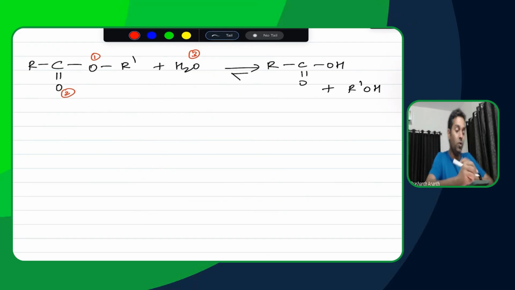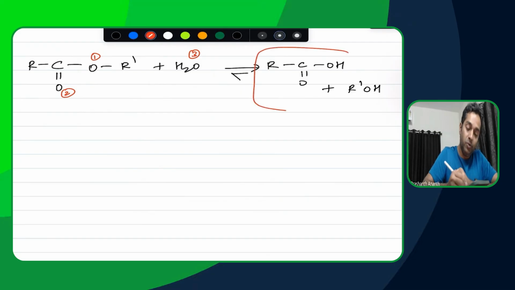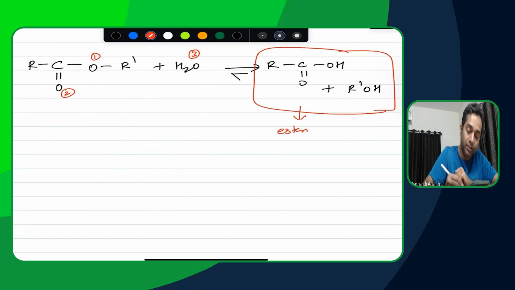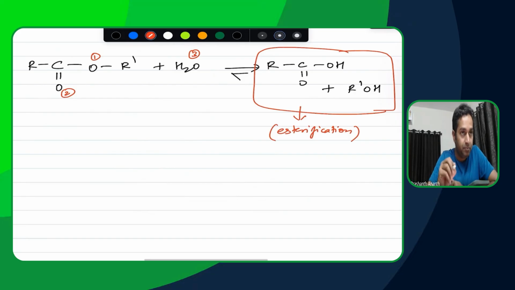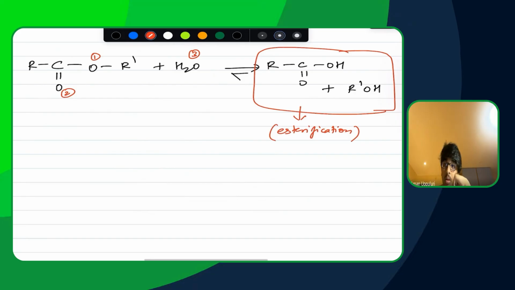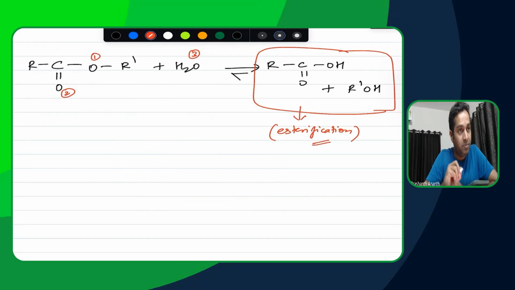So what is the actual reaction which you need to understand here? This is called the esterification reaction. You have not done the reaction mechanism yet. I'll give you the answer for this, but you've not done the esterification reaction mechanism.